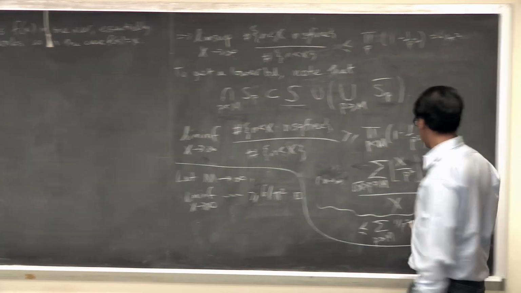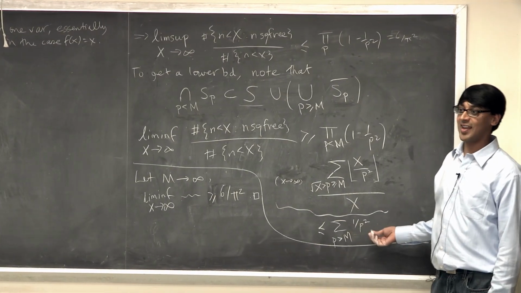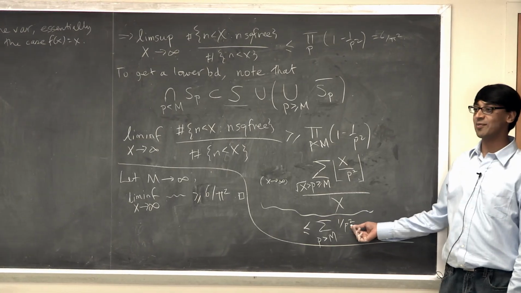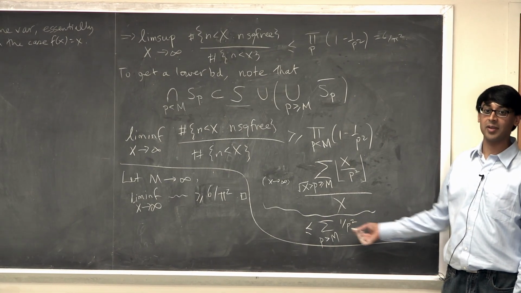The reason being that this 1 over p squared converges very fast. Even if it's just 1 over p to the slightly bigger than 1, if this exponent 2 was even just slightly bigger than 1, that would be good enough.